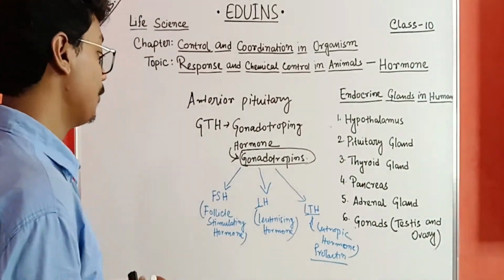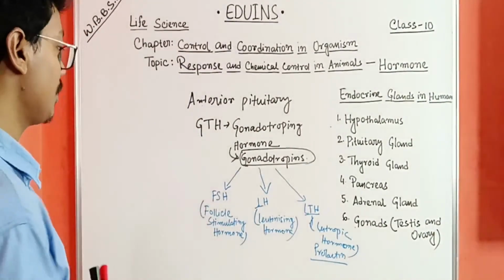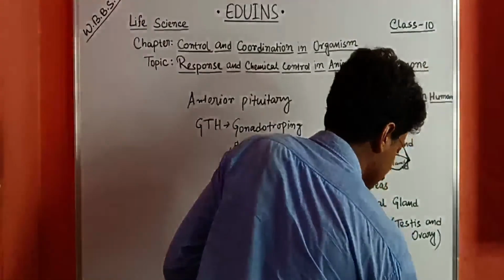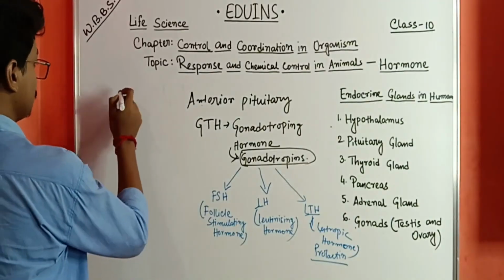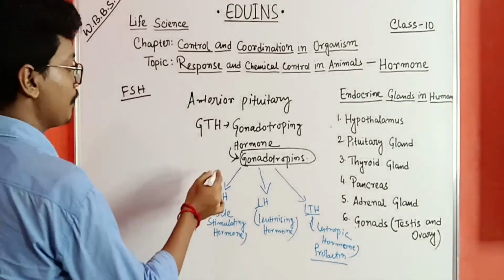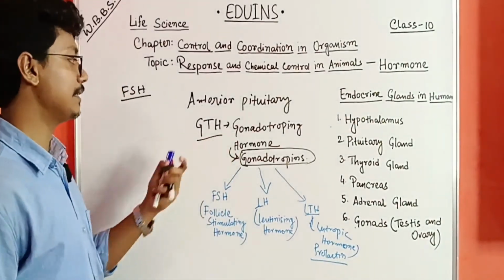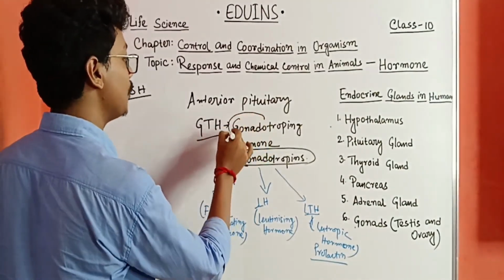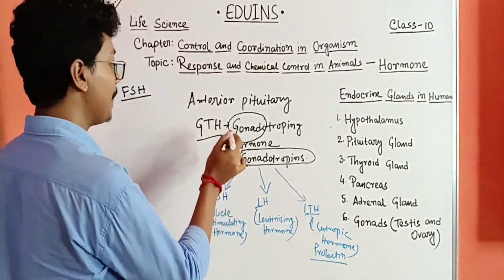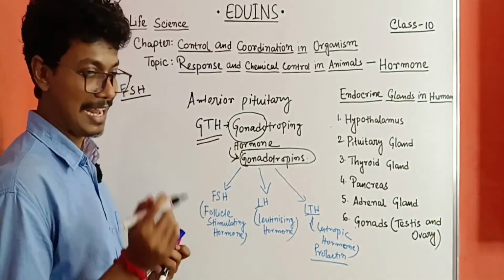So what are the functions of these 3 hormones? First, the FSH. Of course, from the name we can predict that gonadotropin releasing hormone means it regulates the secretion of the gonads, or male or female reproductive glands.